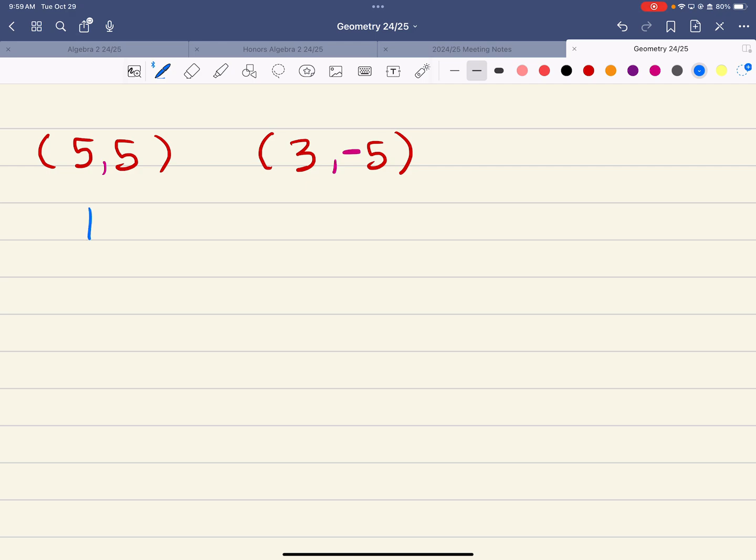All right, let's take a look at it. Step 1, the slope. So you should have 5 minus -5 over 5 minus 3. So 10 over 2. So 5. So my equation then, be y equals 5x plus b. I'm going to substitute 5, 5 in there. Doesn't matter.